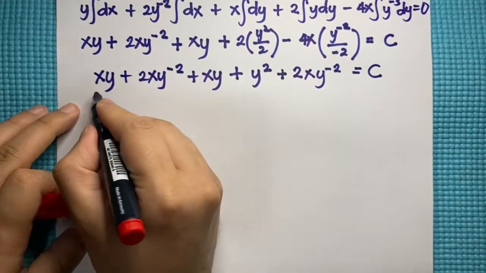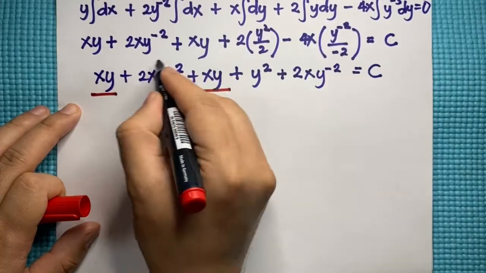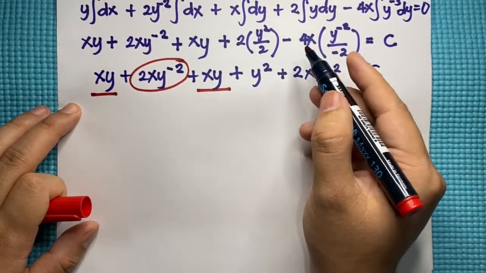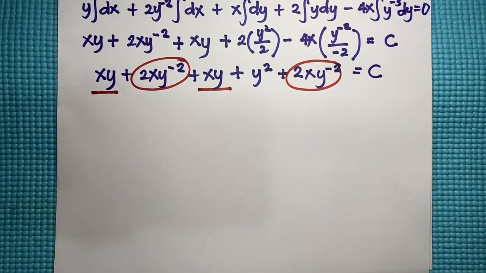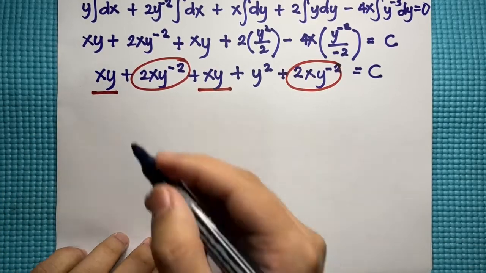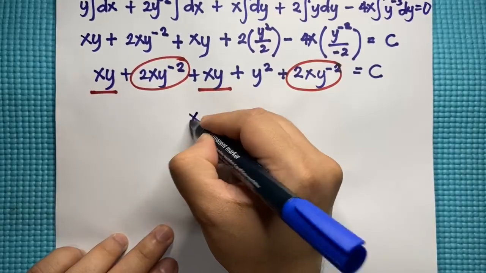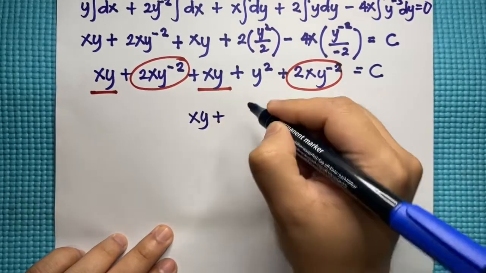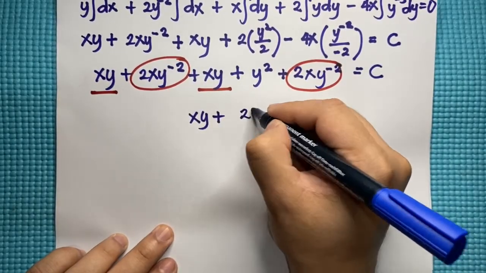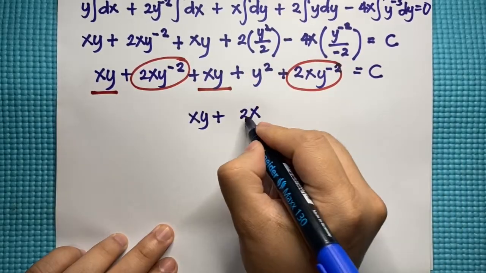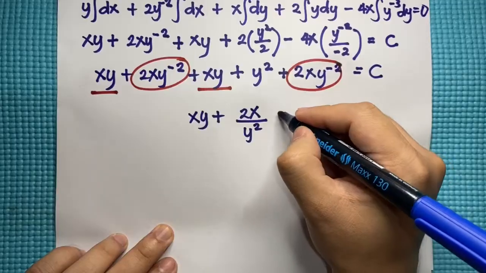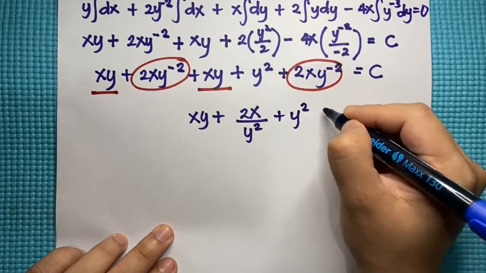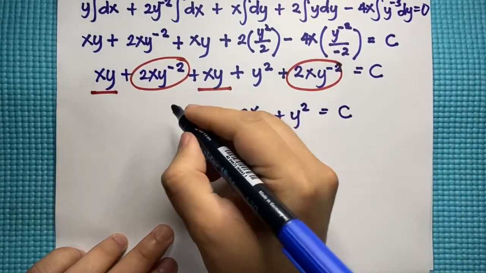xy will be grouped into one, while 2xy to the negative 2 will be grouped into one as well. So giving us xy plus 2x, and I want to make y to the negative 2 positive, so I'll bring it down, then plus y squared is equal to c.